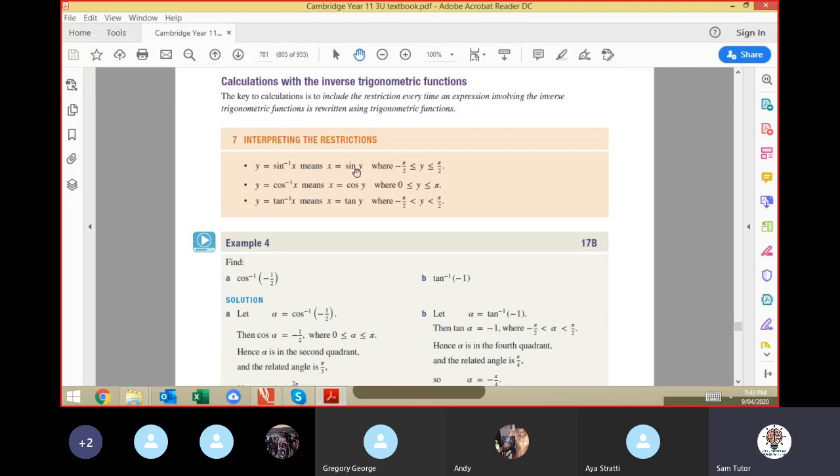Y equals inverse sine means x equals sine y, so therefore y must be between negative 90 and 90. Y equals inverse cos means x equals cos y, y must be between 0 and 180.